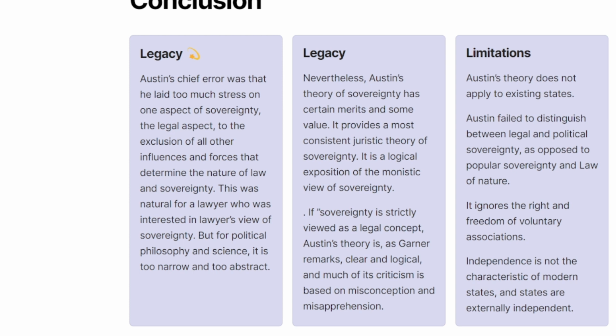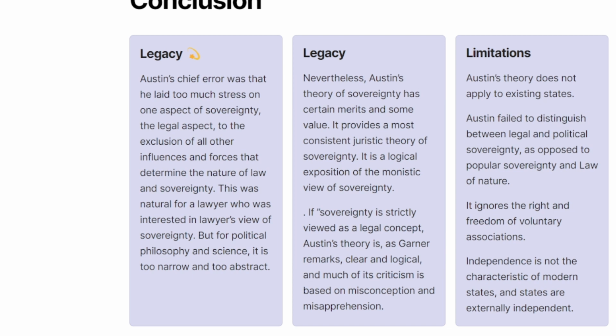But for political philosophy and science, it is too narrow and too abstract because he's concentrating only on the legal point of view of sovereignty. Nevertheless, Austin's theory of sovereignty has certain merits and some value. It provides the most consistent juristic thought of sovereignty. It is a logical exposition of the monistic view of sovereignty, right?